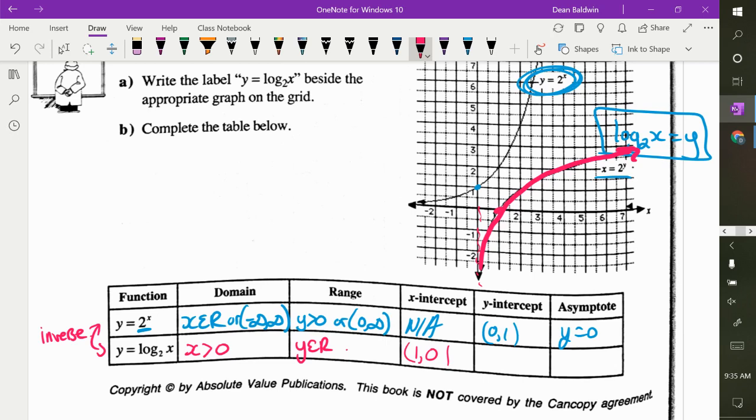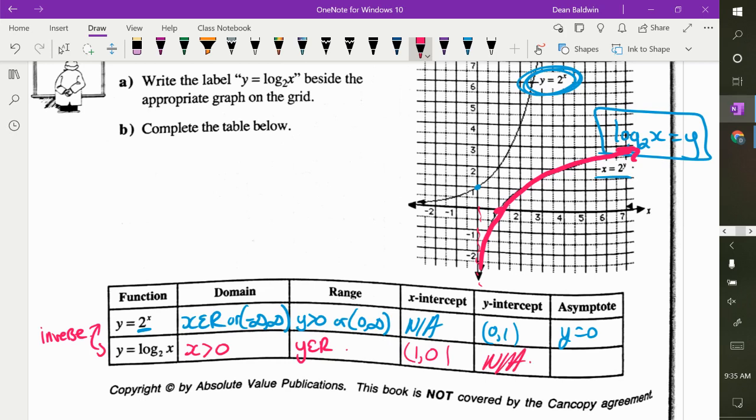It's right there. Might be an extremely dumb question, but what is an asymptote? It's the point you can't touch. Like it's an undefined point on the graph. Y-intercept? None. NA.